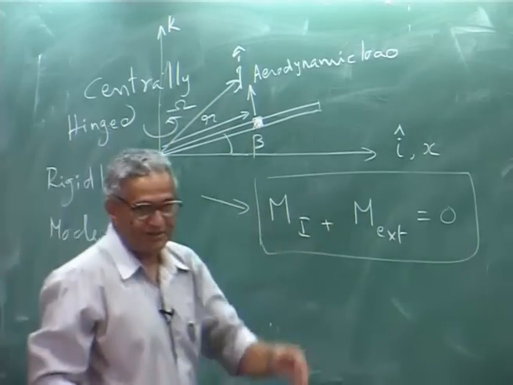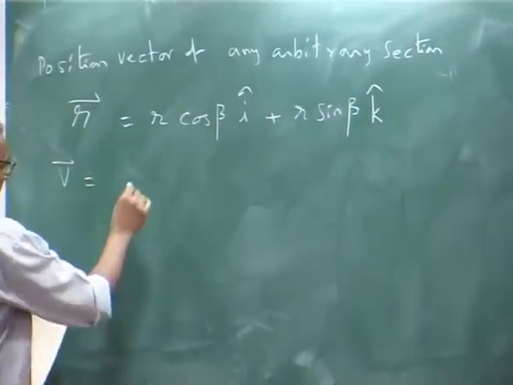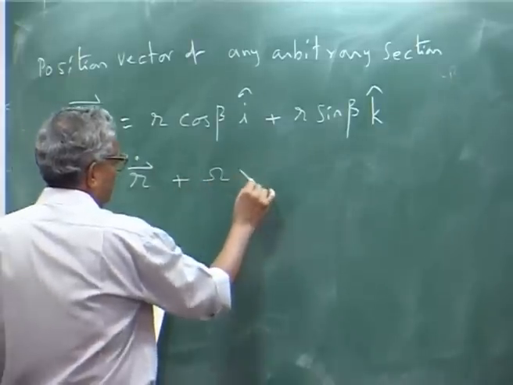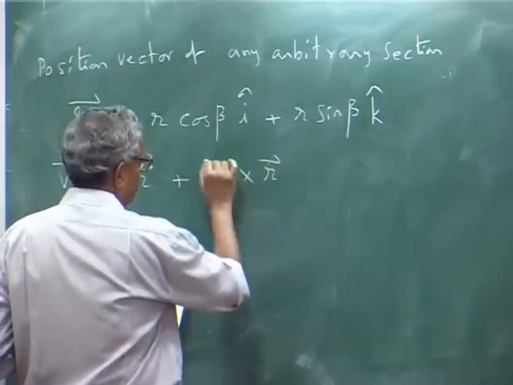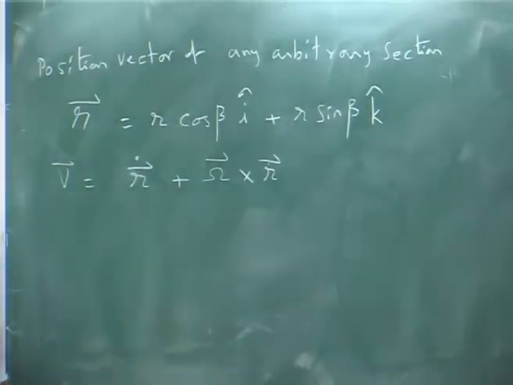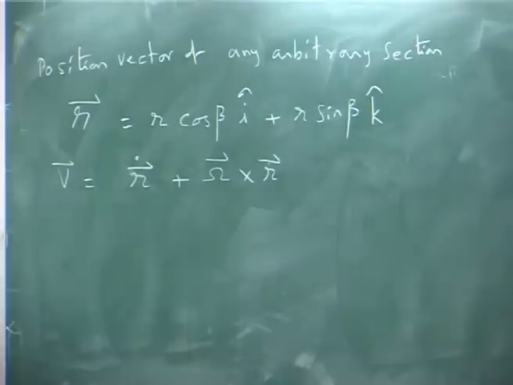So now you know the position vector, you can find out the velocity. Velocity is r dot plus omega cross r, because this is a rotating coordinate system.